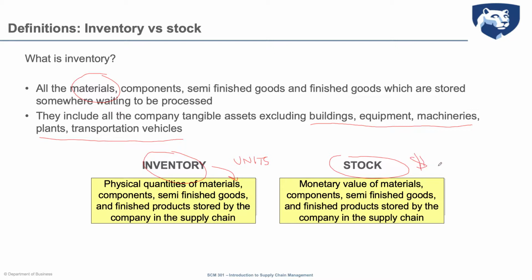Stock instead is the inventory valorized at its value, in terms of dollars. So it's no other than the units multiplied by the value of the unit. It's the dollar expression of the value of the inventory. I will usually use these two terms as complementary, but just remember that inventory refers to units and stock refers to the monetary value of materials, components, semi-finished goods, and finished products.